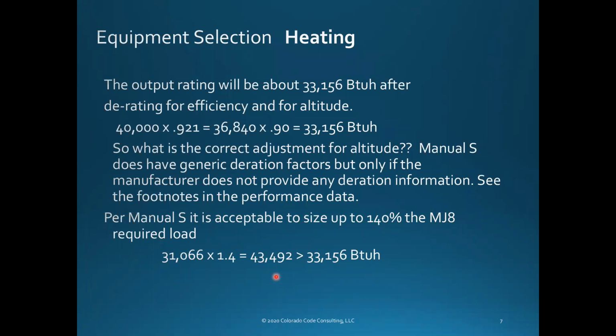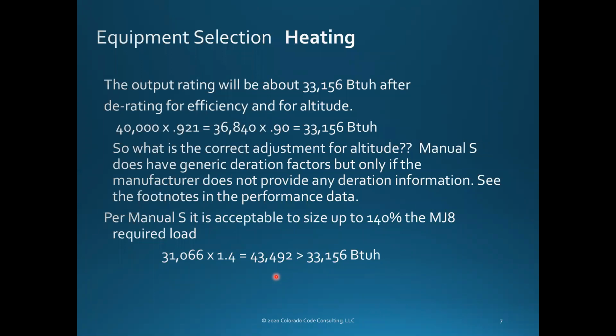So the reason for the whole going oversized on furnaces for the heating side is that the blowers in residential appliances are pretty lackluster, okay? And the designers may need to go, so in this particular case, a 40,000 BTU furnace would actually work.